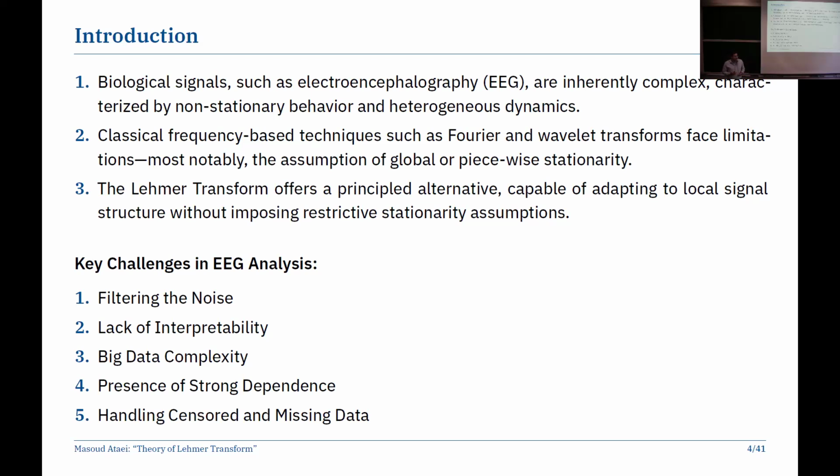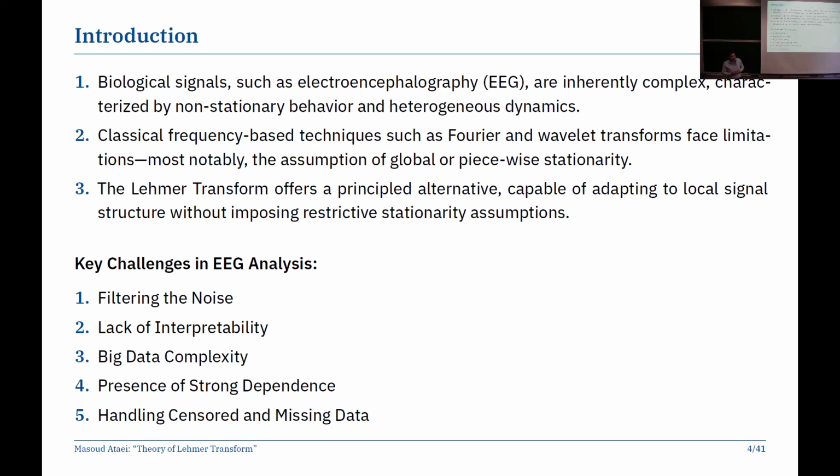Also, many of the existing methods are mathematically involved, which makes the results relatively difficult to interpret, especially for those who might not be well equipped with mathematical tools, like practitioners in the area. The Lehmer transform provides a more tangible framework based on familiar statistical measures to interpret the results.